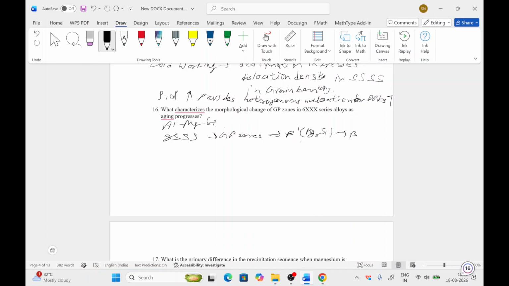From metastable to equilibrium phase, beta is formed. So beta is also Mg2Si. So after GP zones, beta prime and beta phases form. Beta is the equilibrium phase.